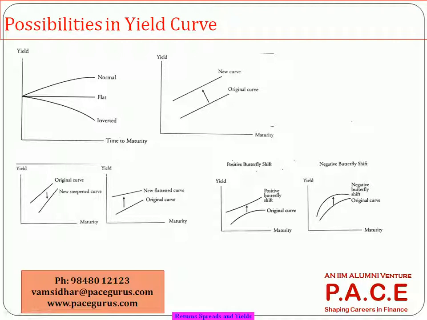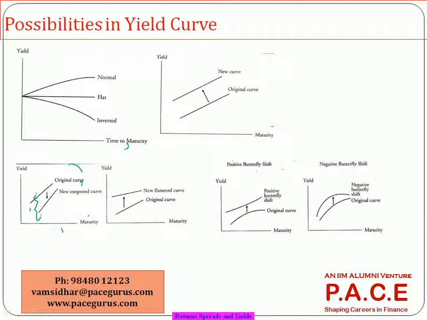And in the non-parallel shifts, the moves could be something like this, which we call a steepening of the curve, which means for shorter maturities the gap is larger, whereas for longer maturities the gap is not much. Let's say RBI has increased the interest rates by 0.5%, probably the short-term rates all got increased by 0.5%, but the long-term rates increased only by 0.2% or something.